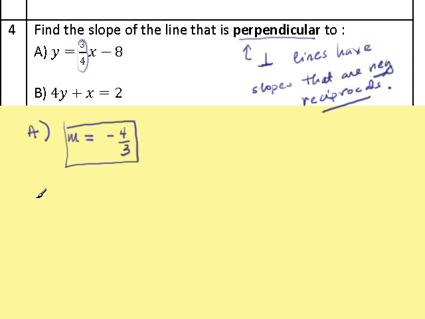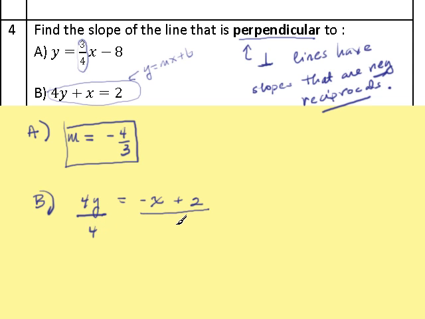All right, let's look at B. Well, we can't read off the slope of this line because it's not in the form y equal mx plus b. So that's what we want to do first, put it in that form. And we'll start by subtracting x from both sides, or bringing x over to the right as minus x. So we have 4y is equal to minus x plus 2. And now continue solving for y. Divide by 4 all the way through on the right.